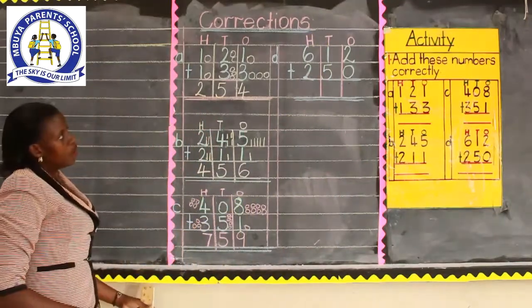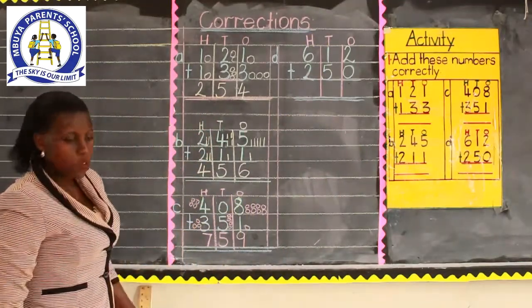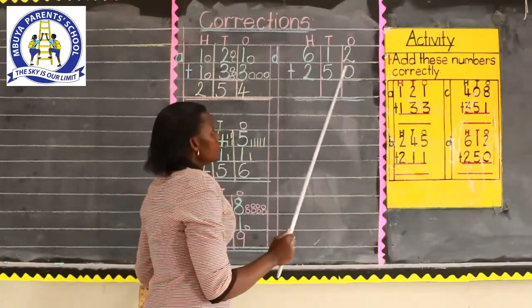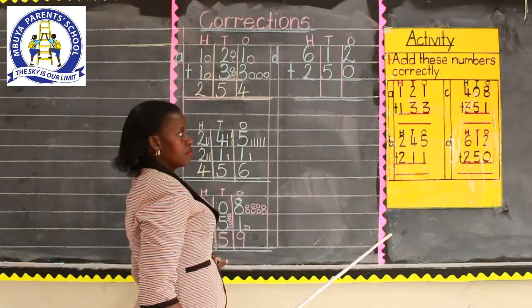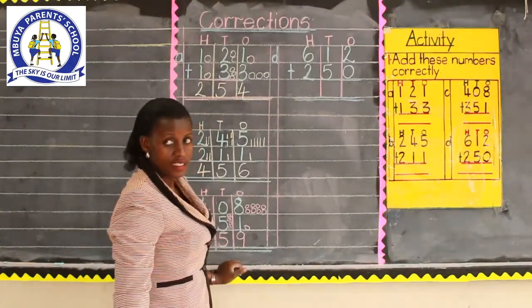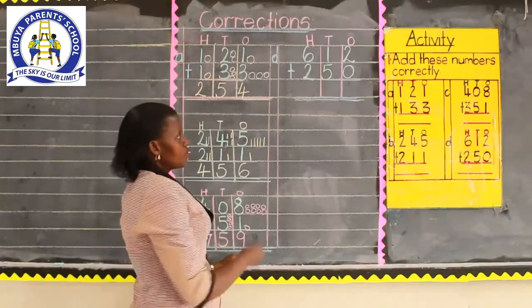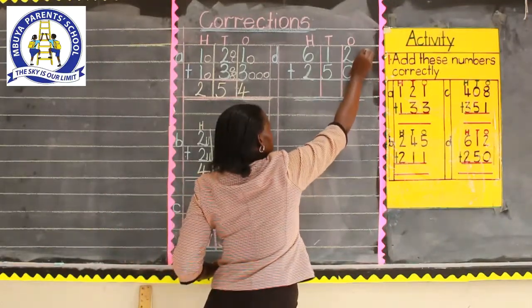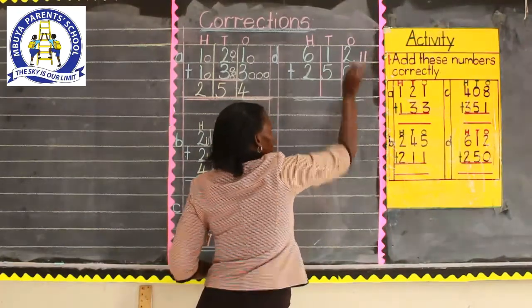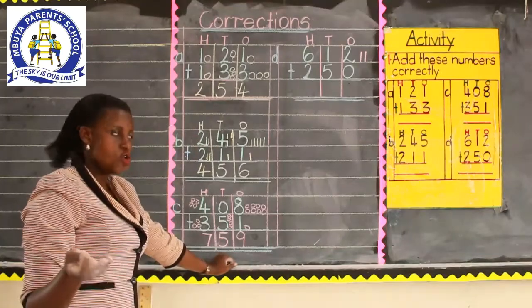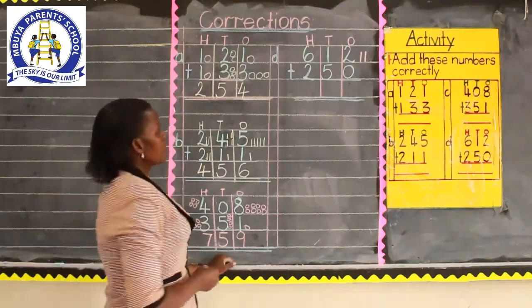Good. All right. When you look at ones, we have 2 plus 0. And from the previous example, children, we said that 0 is nothing. So leave the 0. Let's draw here. Let's use sticks as well. 1, 2. Do we have anything to draw for 0? No. Let's leave it.